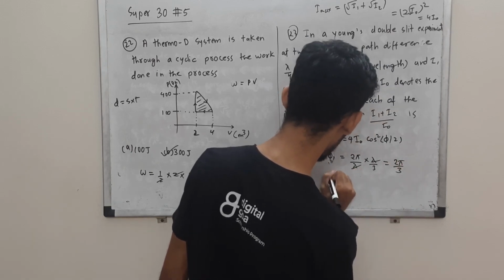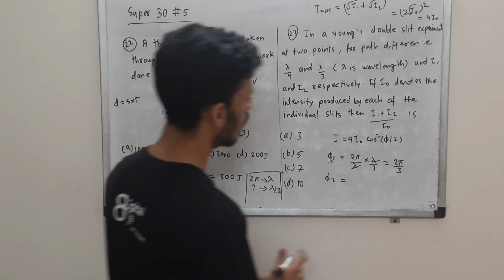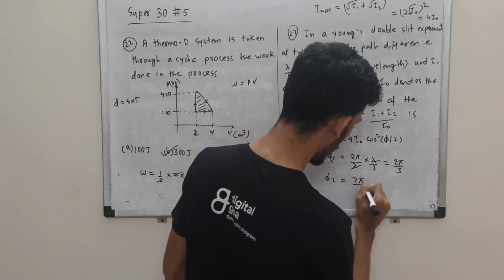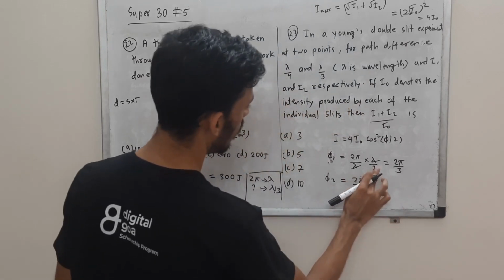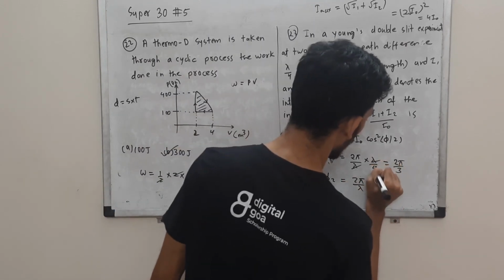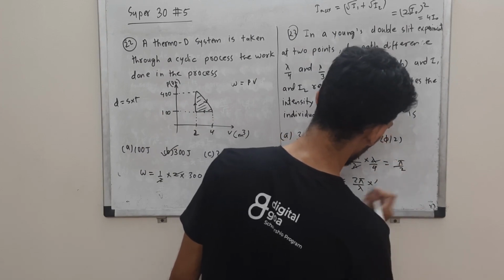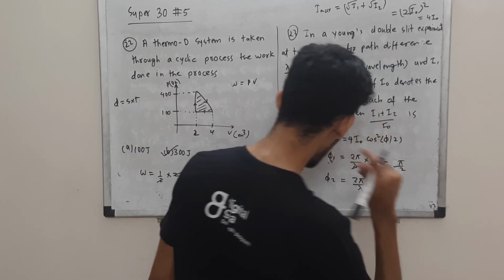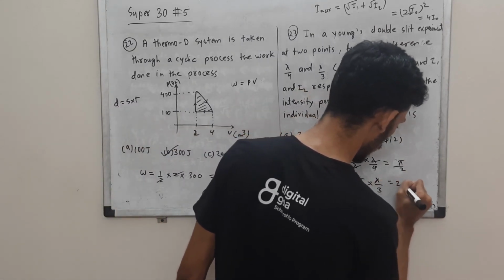Similarly phi 2, the phase 2, is 2 pi by lambda times this path difference. The first one was lambda by 4, so we'll say it is pi by 2. And the second one was lambda by 3, which gives 2 pi by 3.